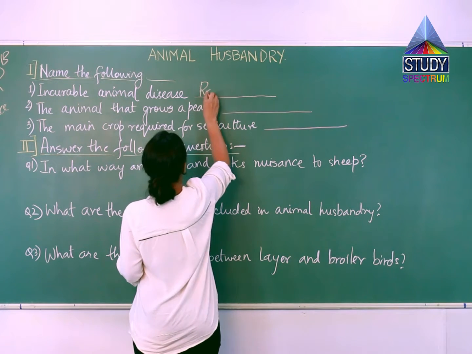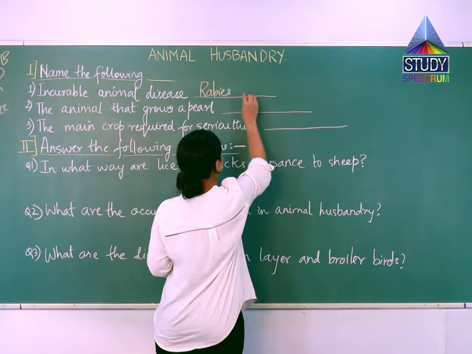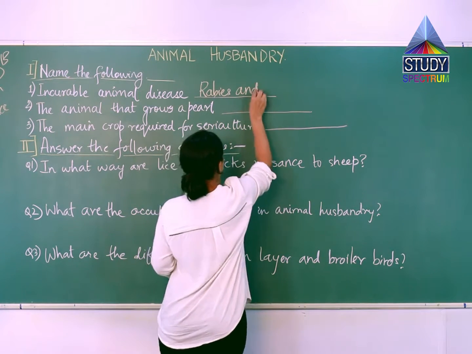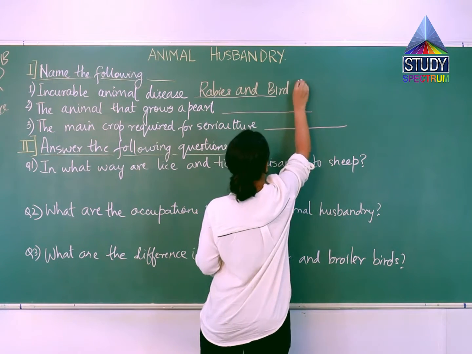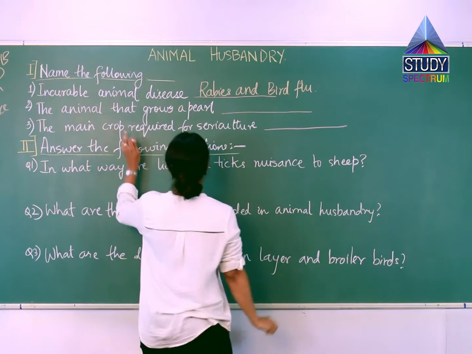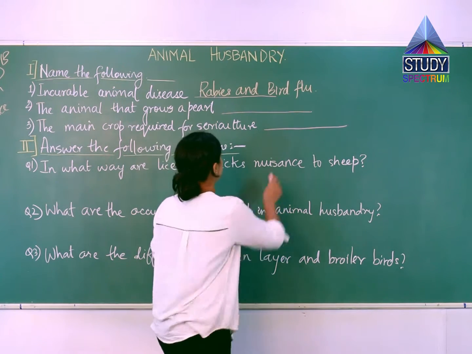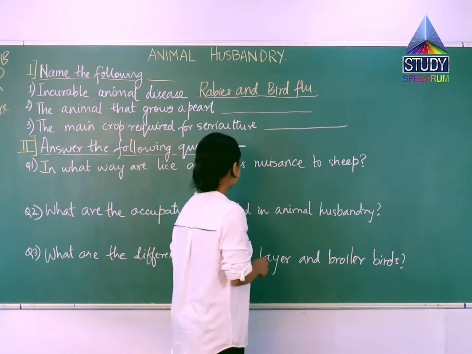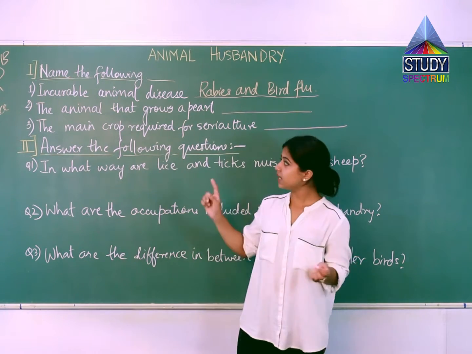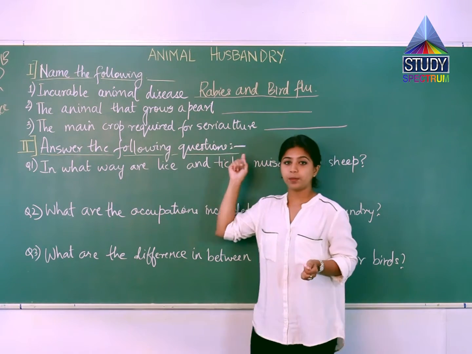The two incurable diseases that we learned in animals and birds were rabies and bird flu. Well, the answer to this is going to be just rabies, but still we wrote the bird flu part also in short.